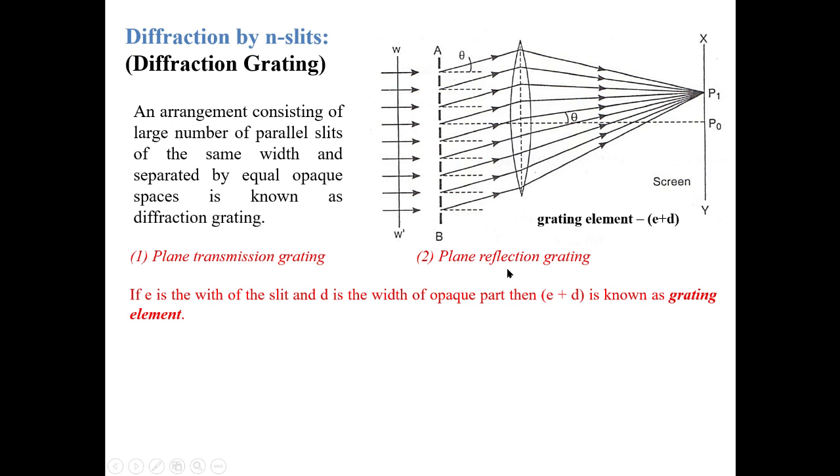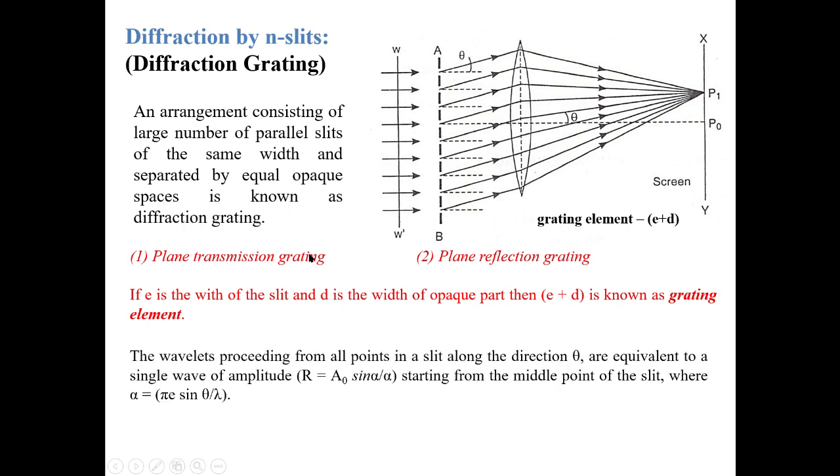In the reflection grating, the light which is incident on the grating is reflected back. The wavelets proceeding from all the points in a slit along the direction theta are equivalent to a single wave of amplitude R starting from the middle point of the slit.